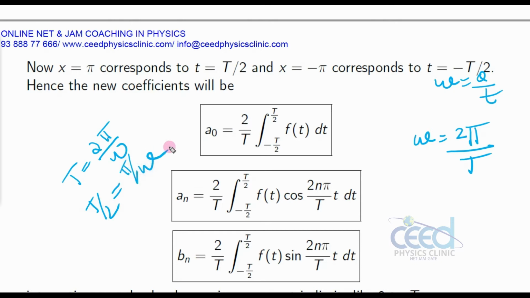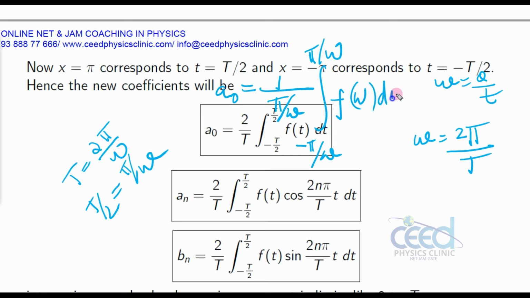So the same expression I can represent as a0 is equal to, instead of T by 2 I can write pi by omega, integral minus pi by omega to plus pi by omega of f of t dt.